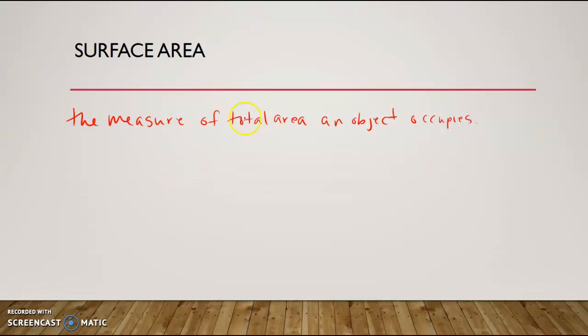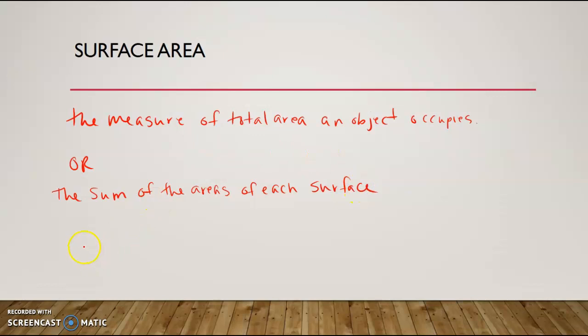Another way I like to think of it, because we're talking total, is the sum of the areas of each surface.